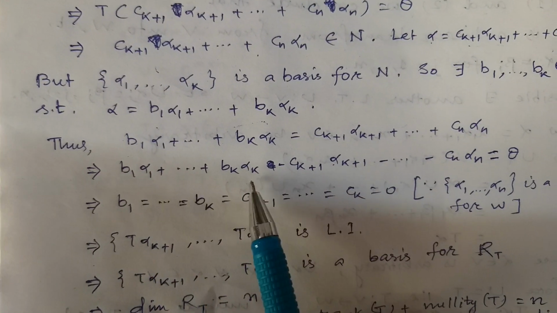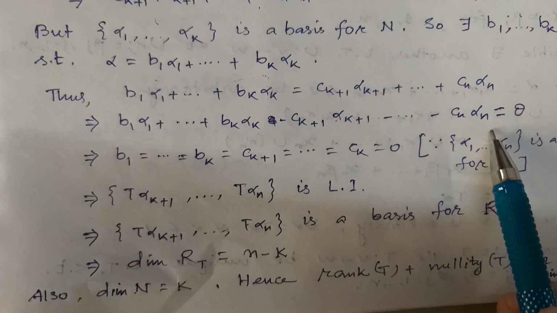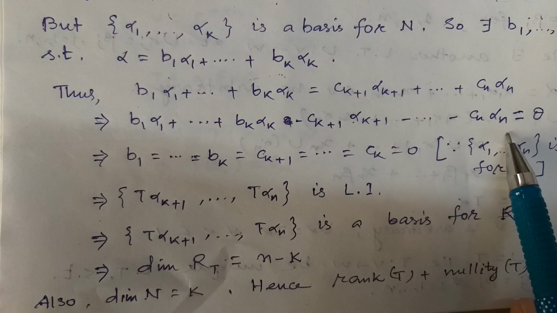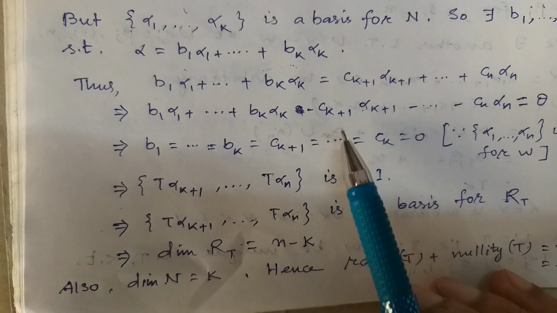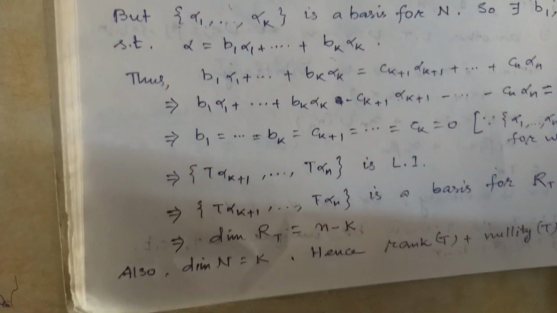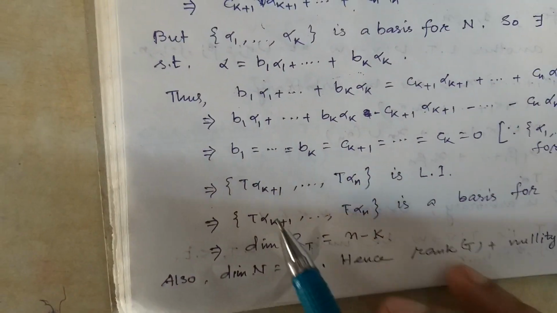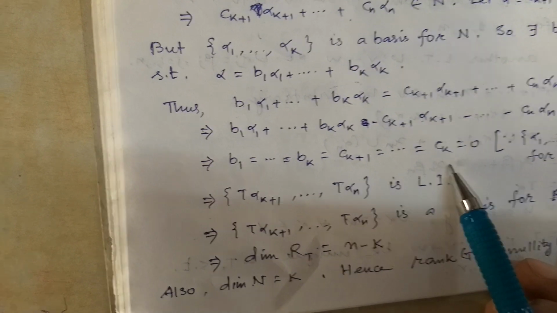But alpha 1, alpha 2, ..., alpha n is a basis of V, so they are linearly independent. So the coefficients beta 1, beta 2, ..., beta k, c k plus 1, ..., c n are all 0. That means individually c k plus 1, ..., c n equal 0.